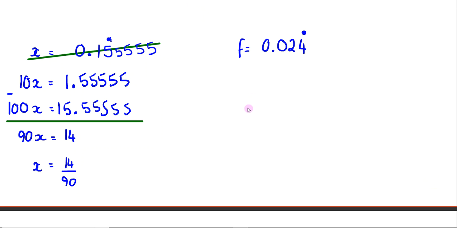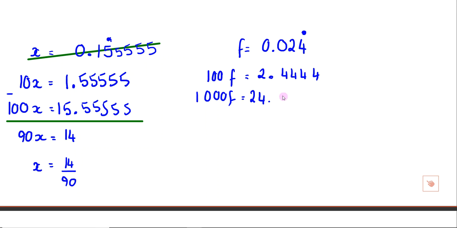The first thing we multiply by is 100. So 100f would give me 2.444. Next one then, I need 1,000f.